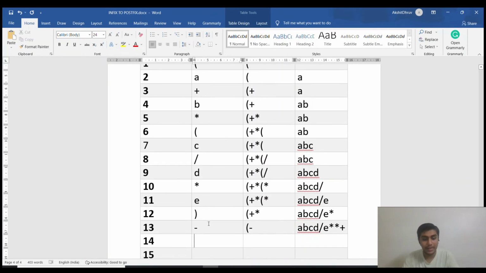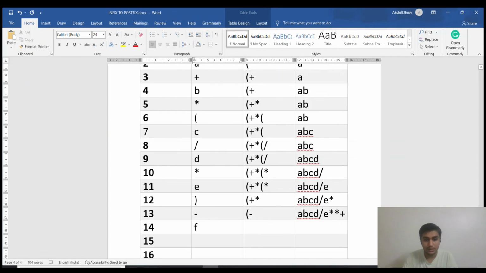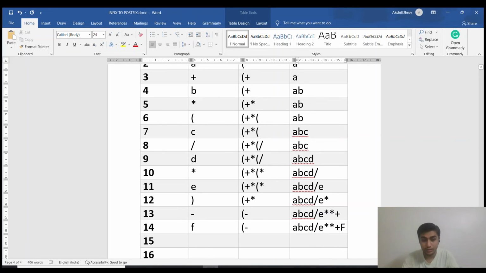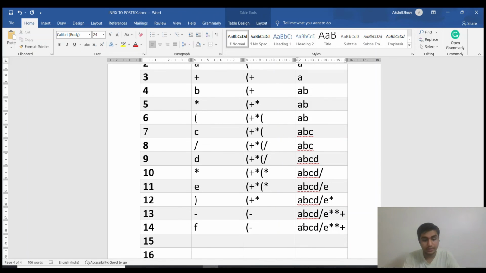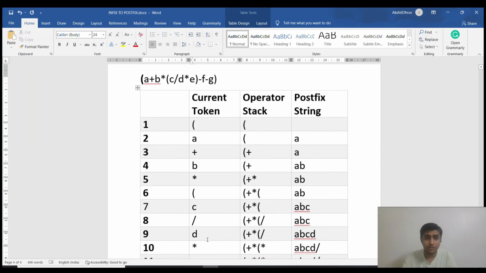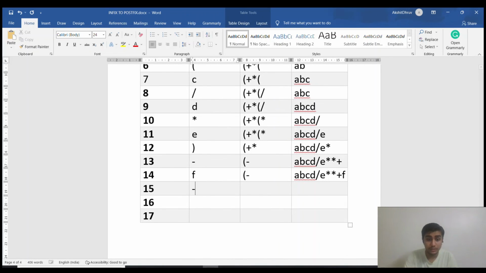Now F, yes, F is there, then there is no change over here. We just need to write the F at the end of this. Yes, sorry, it's capital. Now what is incoming? Again minus. So it has the same precedence.